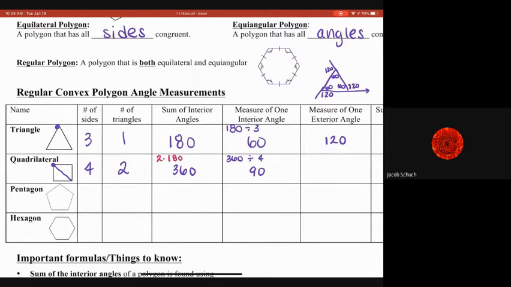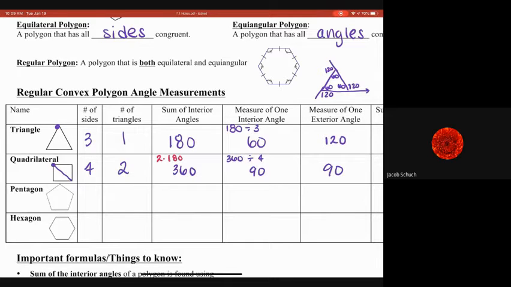Okay, so now the measure of one exterior angle. So let's apply what we did with our triangles, Trey. Oh, you're thinking 200. That's okay. 90. It is. It's 90. Because again, think of if you took your square and you extended all those little sides out, right? If everyone was here, I would do it on the board.